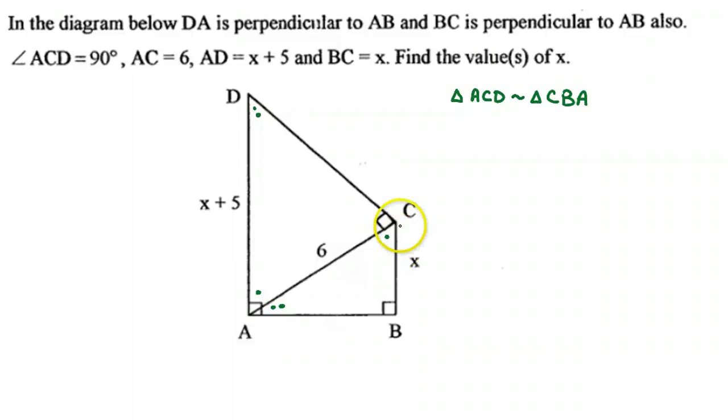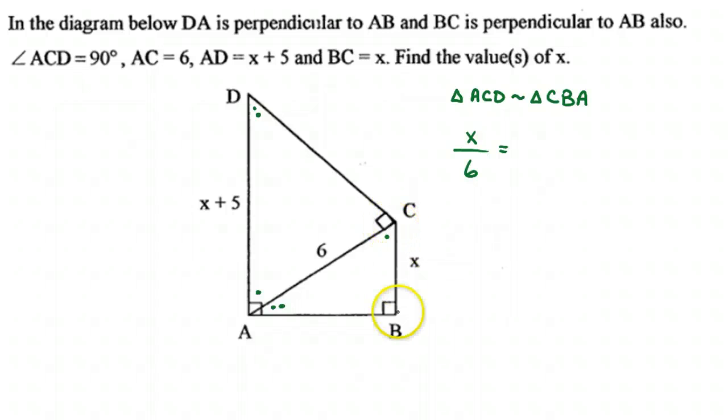Now I want to solve for x. If I want to solve for this x here, I'm just going to take this x and put it in the numerator, and I have x over 6. So I've taken two sides from triangle ABC. Now I'm going to look at the other triangle, and I have to take the two similar sides.